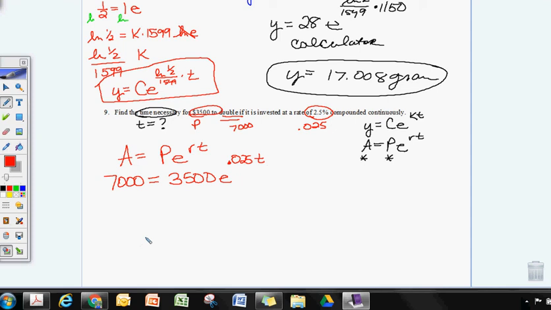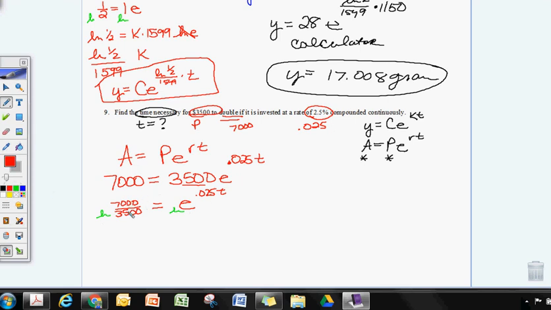So now you just need to remember how to deal with your exponential equation. First thing you got to do is get rid of this 3,500. So 7,000 divided by 3,500 is going to equal E raised to the 0.025t. The t is stuck in the exponent, so we're going to introduce natural log on each side.